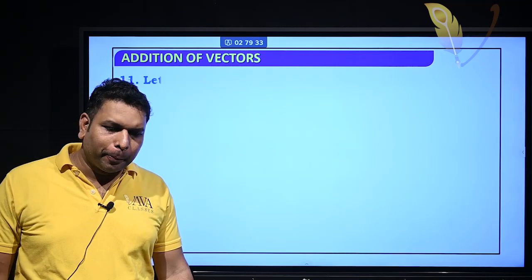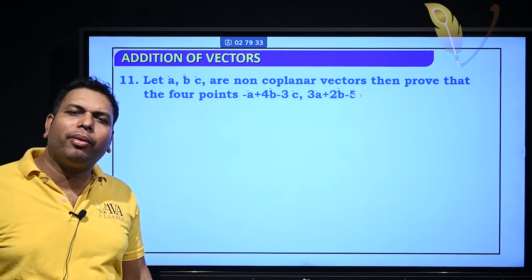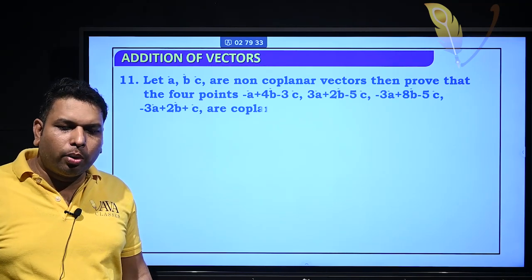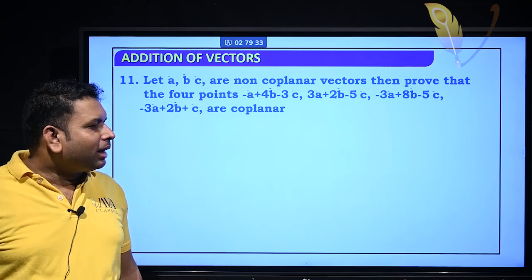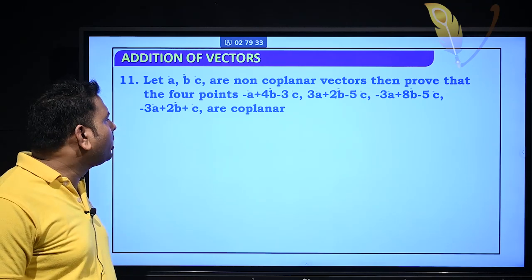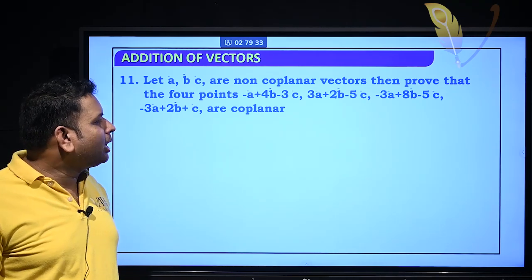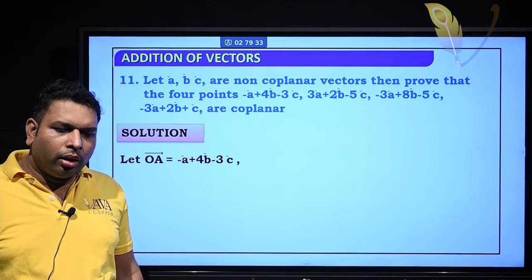Okay. Now the next question. Let a, b, c be non-coplanar vectors. Then prove that the 4 points minus a plus 4b minus 3c, 3a plus 2b minus 5c, minus 3a plus 8b minus 5c, minus 3a plus 2b plus c are coplanar. Now solution.